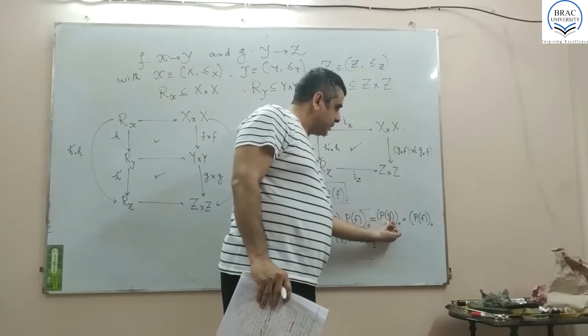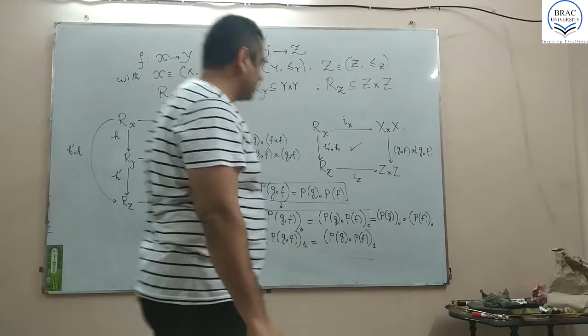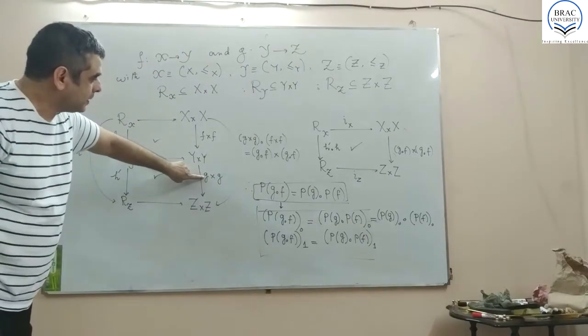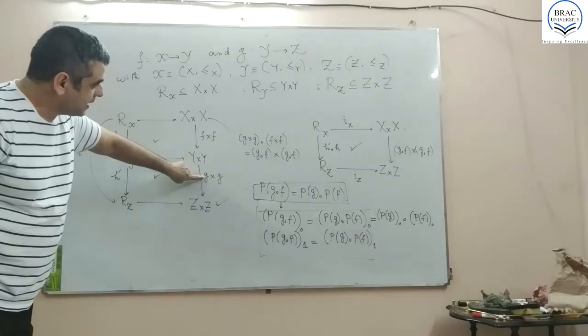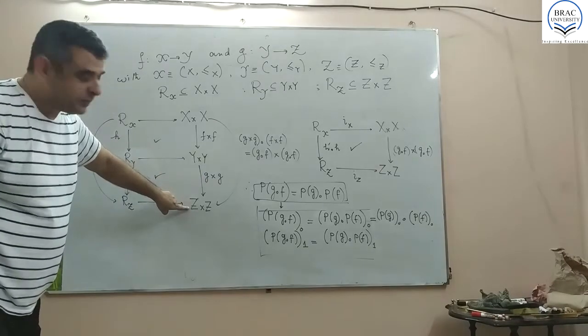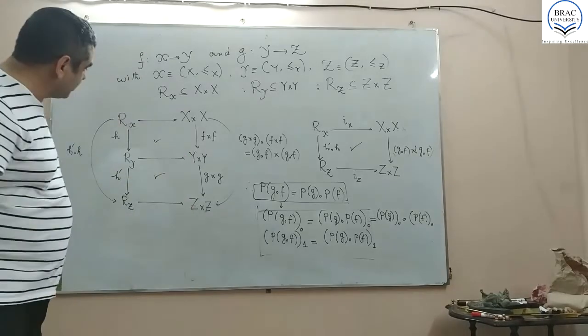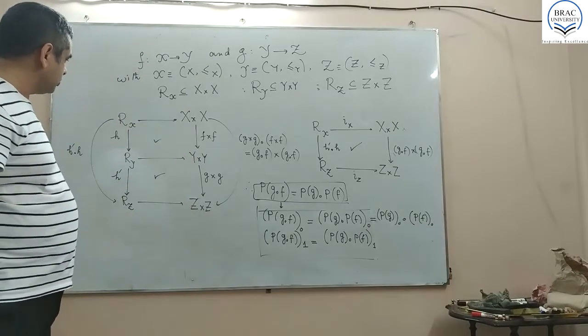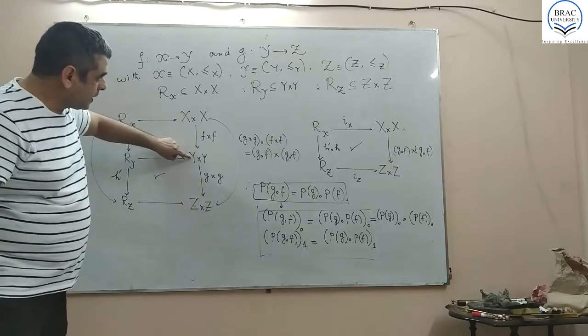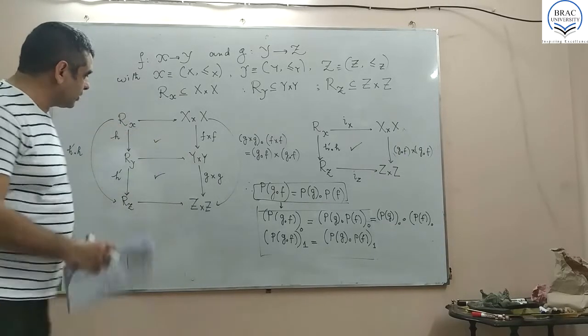It is simply G. So G takes the set Y to the set Z, and Y was the set of vertices.